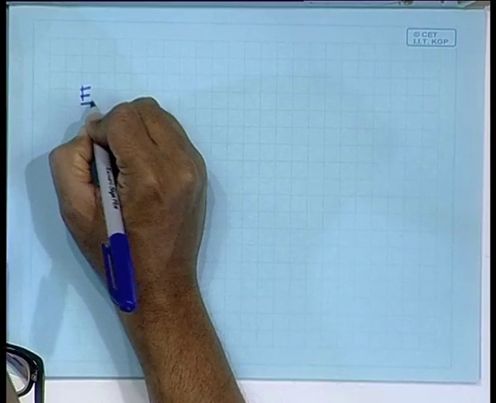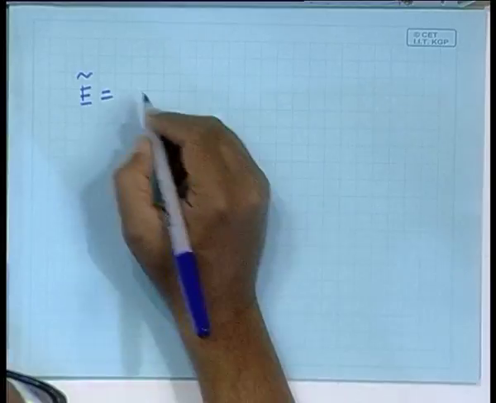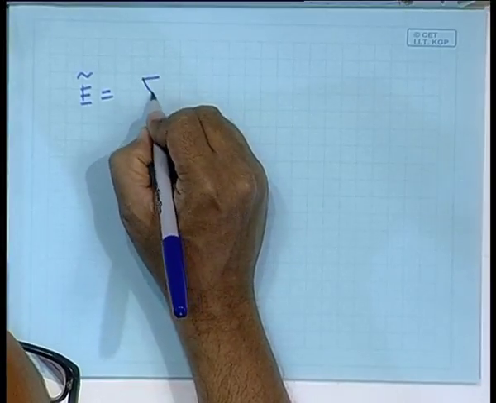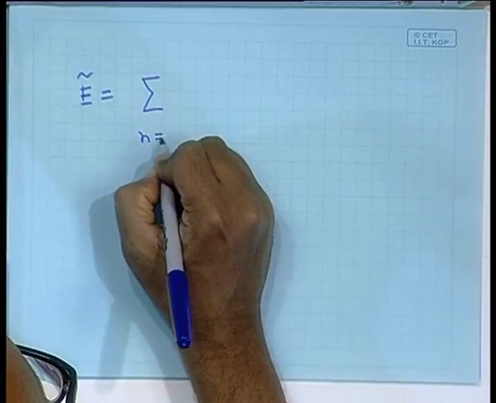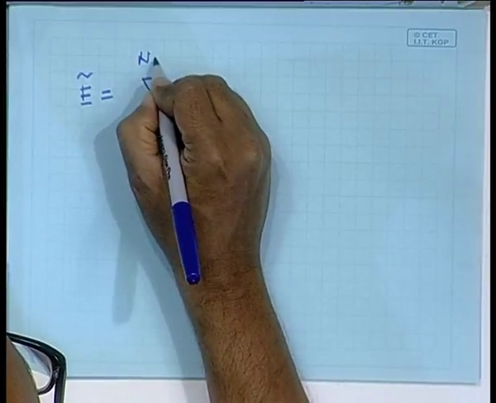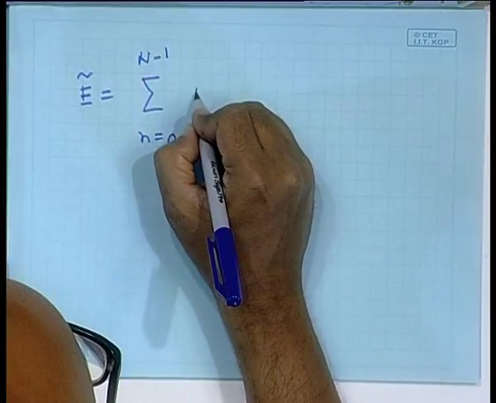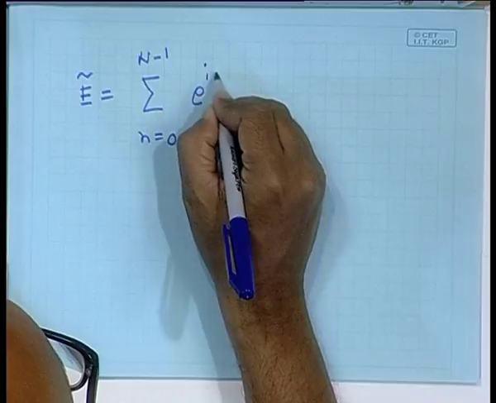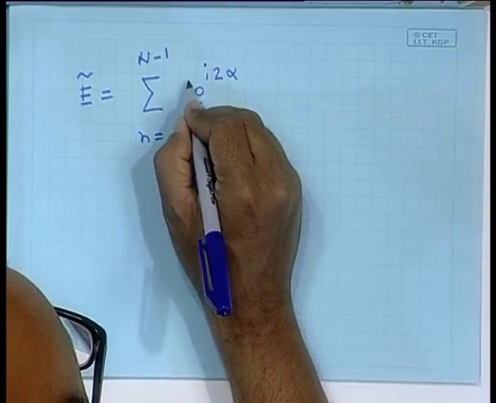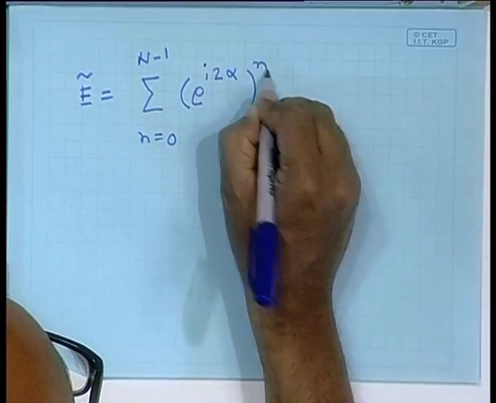So, the resultant radiation that will be received by a distant observer is going to be the sum of all of these, and this sum we can write as n going from 0 to n minus 1, there are n of these oscillators, e to the power I 2 alpha to the power of n into E 0.